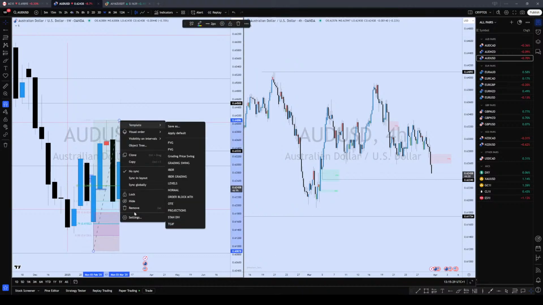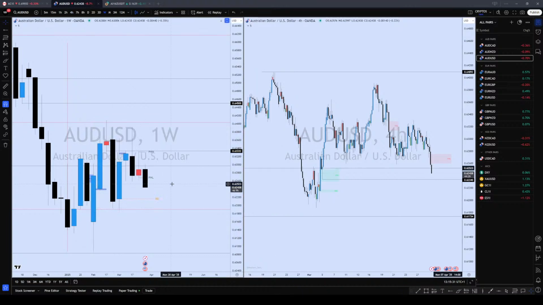Let me move this. We had a previous week raid over here and then price went up. So the fair value gap that was left right there, that's where you want to anticipate price coming and then you buy, or wait for a confirmation and you buy. As a matter of fact, we do have a rate announcement on the Australian dollar early hours tomorrow, which is around 4:30 a.m. GMT.